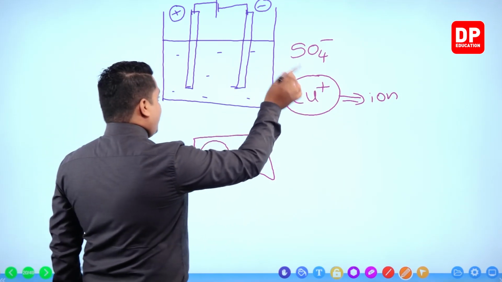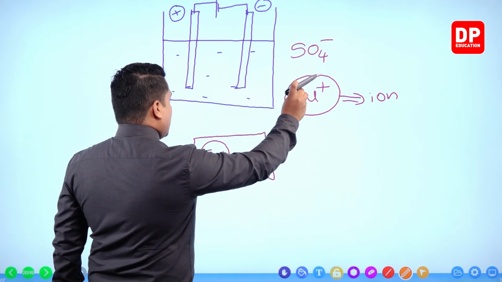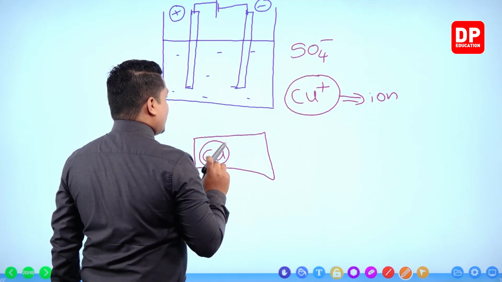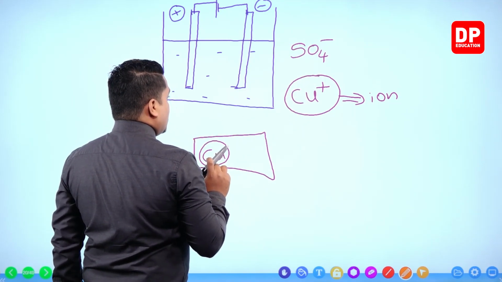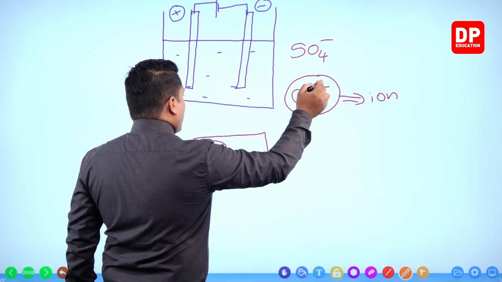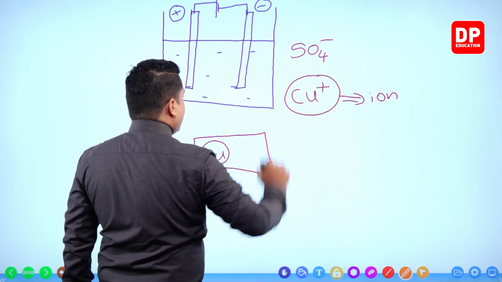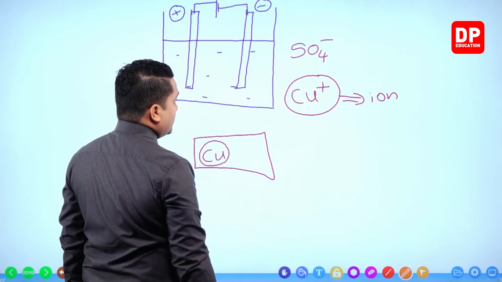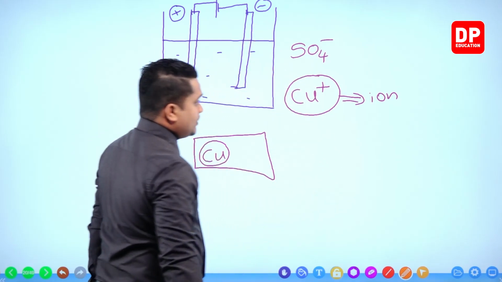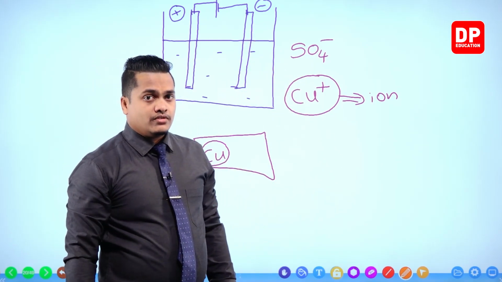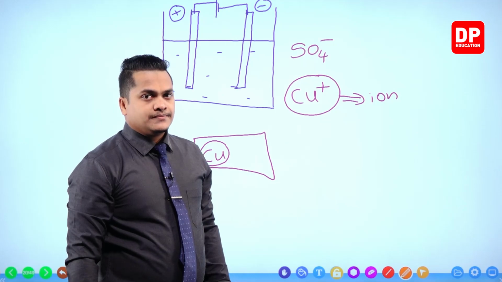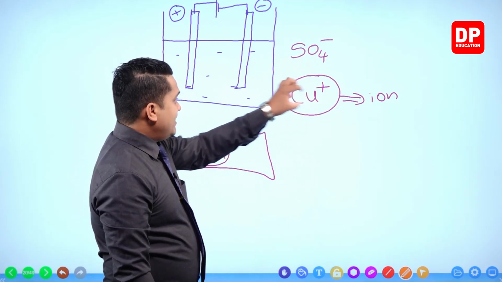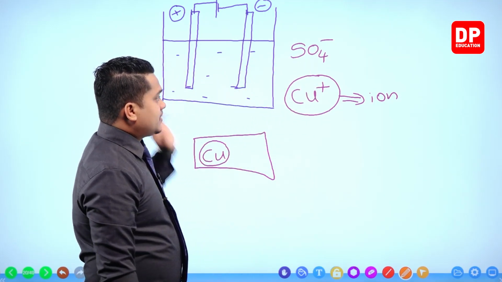So copper sulfate is made by copper removing an electron and the sulfate group taking it. When removing the electron, copper becomes positive and sulfate becomes negative. That's why these two are attracted to each other due to strong static electrical charges. In the same way, these things are separated within the solution.